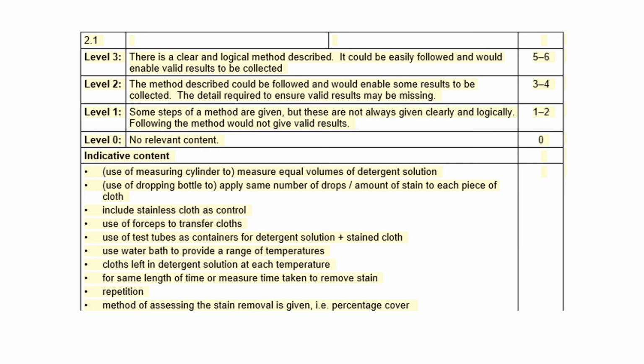You can bullet point for methods. I prefer bullet points, so I would do it as a bullet pointed method. Don't think of it as an essay in terms of one massive paragraph. Just put it into bullet points. It makes it a lot clearer for the examiner.